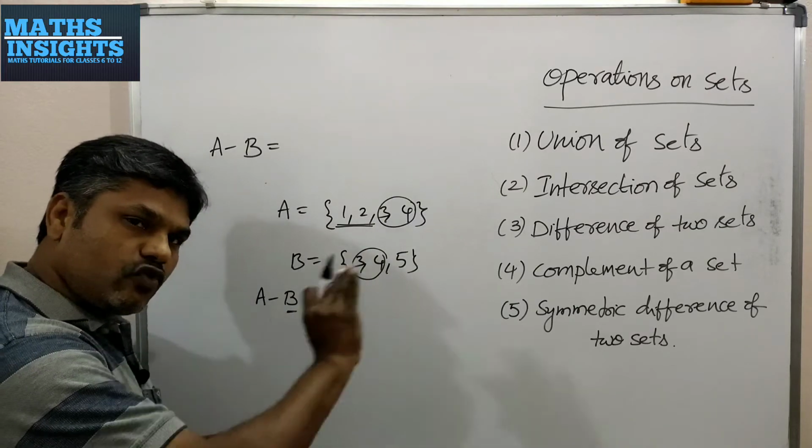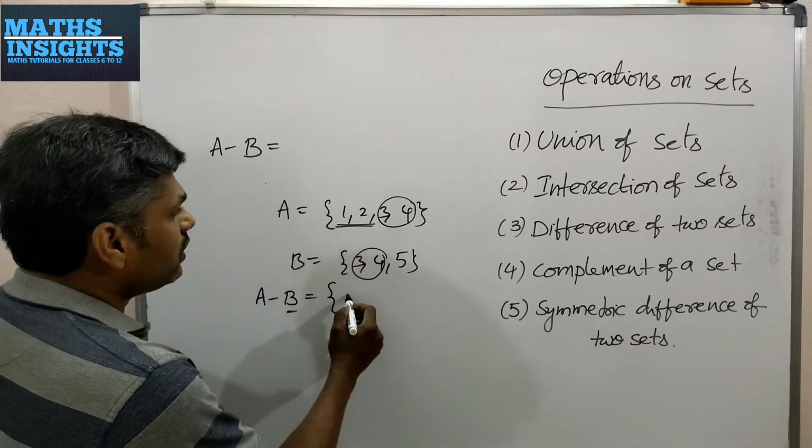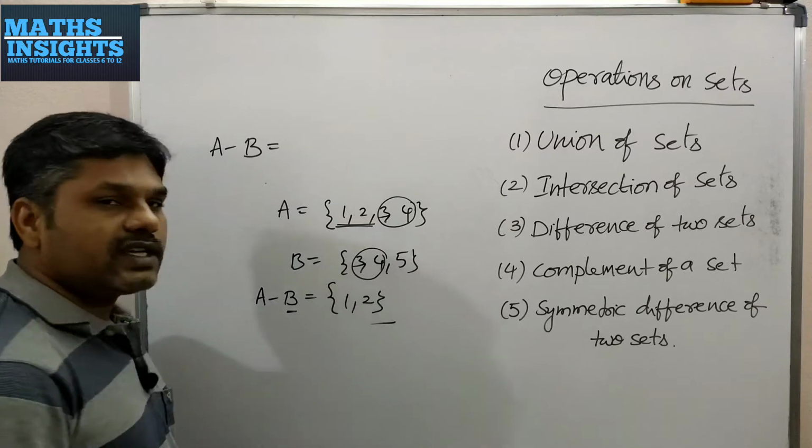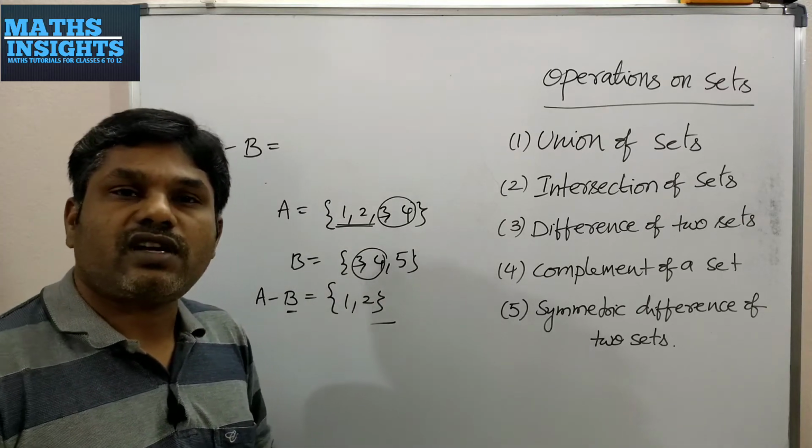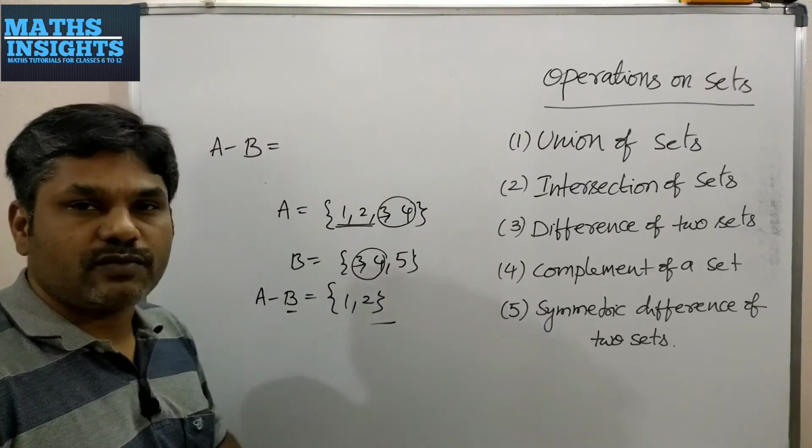Simply I am removing B. Therefore {1, 2} is the set which is A minus B.